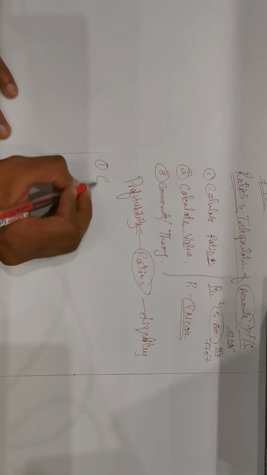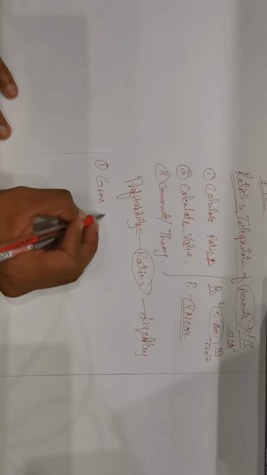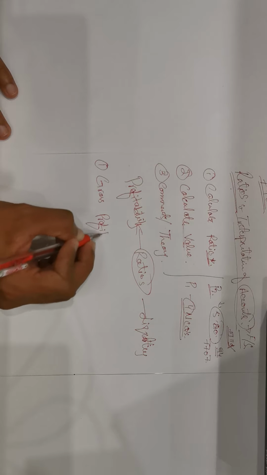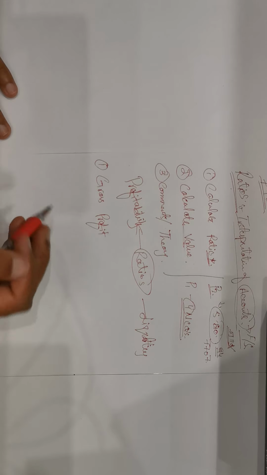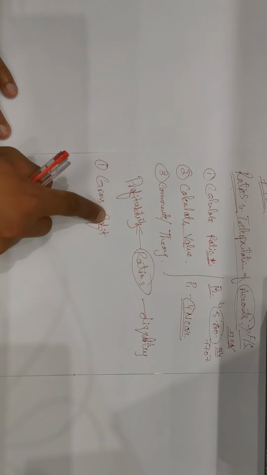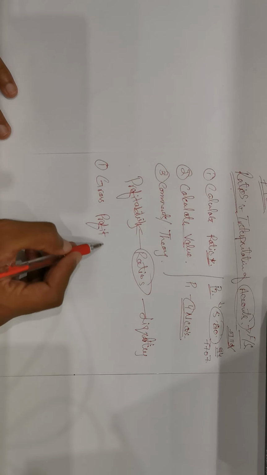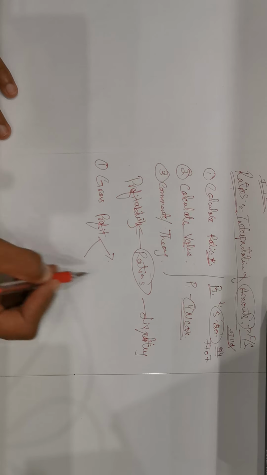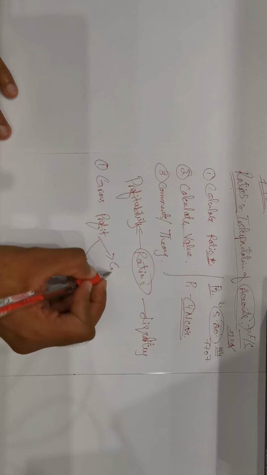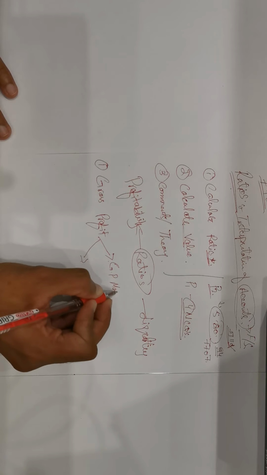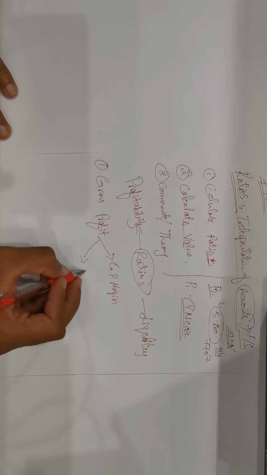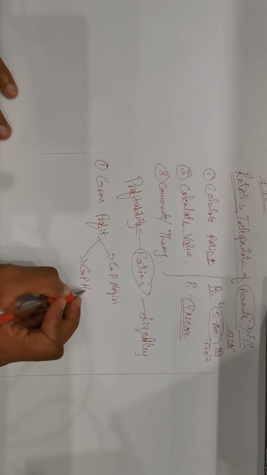Now, in profitability, we have further ratios. The first ratio is the gross profit ratio. For the gross profit ratio, I have two formulas. What are those two formulas? Those two formulas are GP margin and the other one is GP markup.